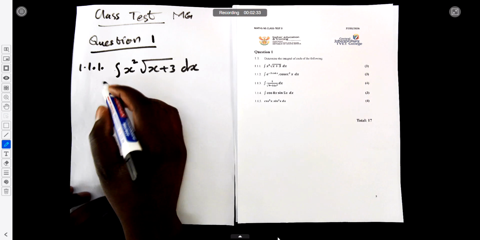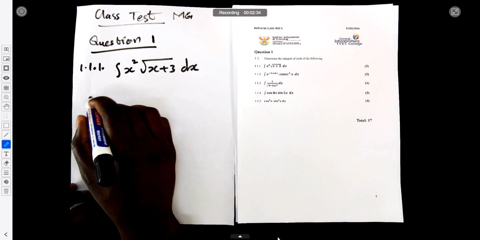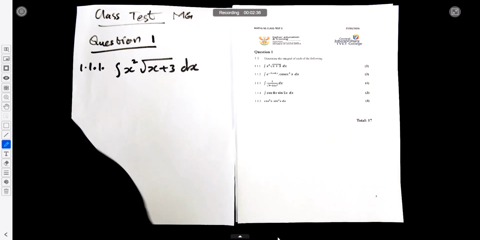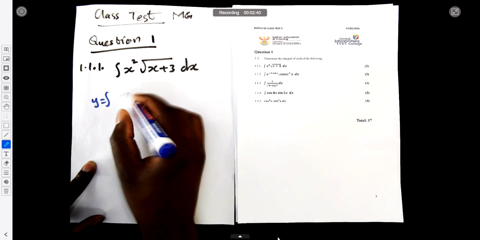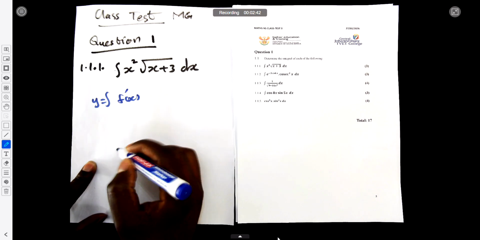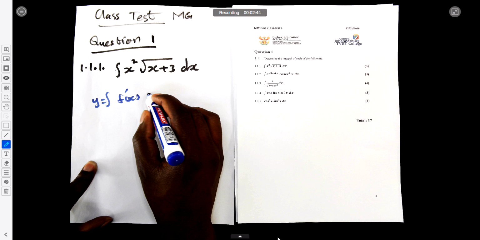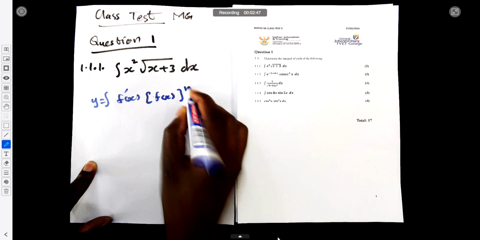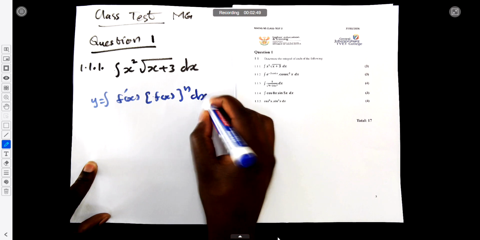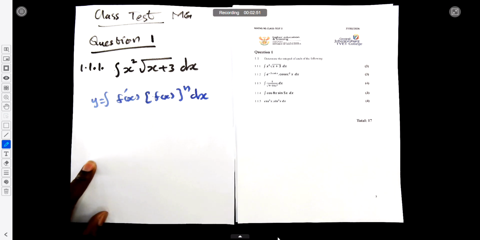If I want to integrate the following function, I must have a derivative and its function underneath the bracket of nth power. So that is the first rule we think of when we have a product of functions.